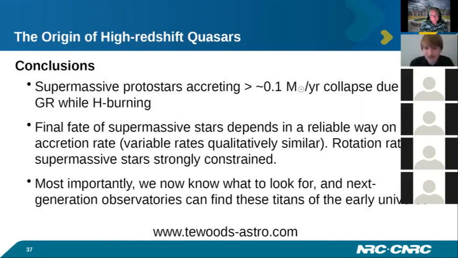For rotation, for all of the plotted models that I showed, we assumed negligible rotation, no rotation. If you do include rotation, with a couple of models that we did run, it looked like you can somewhat exceed the masses that we were able to find with the non-rotating objects.